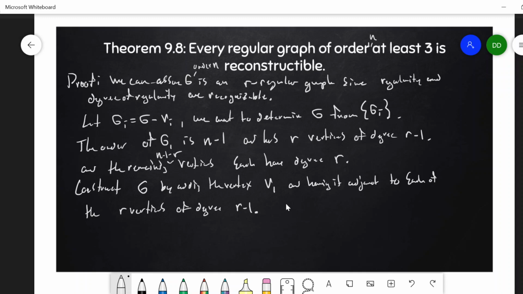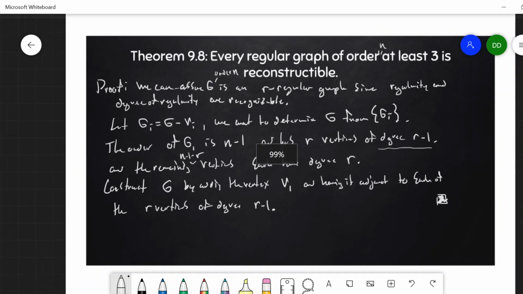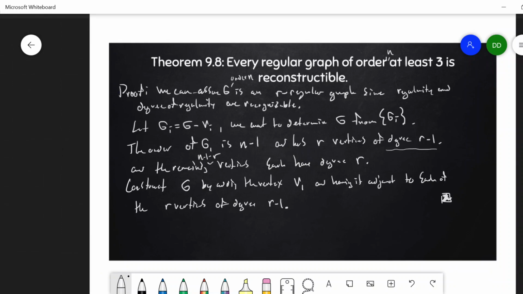That will ensure then that every vertex has degree R, right? These degree R minus 1 vertices must have been the vertices that were adjacent to V1, and the remaining ones were not adjacent to V1. So just attaching V1 to these vertices produces the graph G. And that's it. So regular graphs are all recognizable, or rather reconstructable.